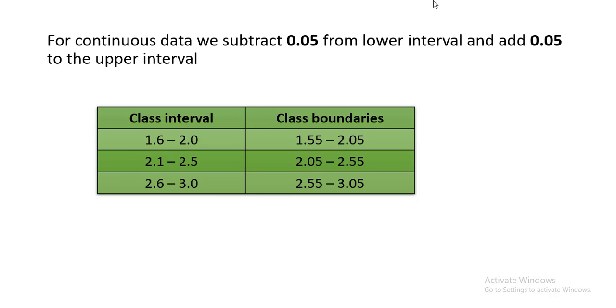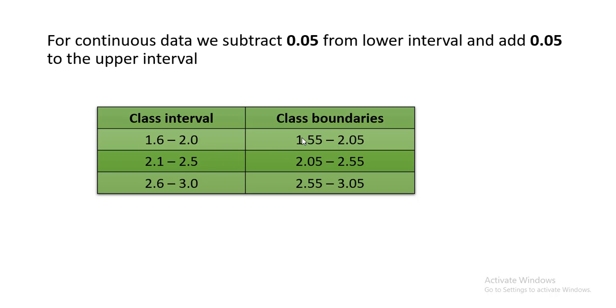This was the previous example I have used. We have already organized this data. Now in this example, as you can see, I have subtracted 0.05 from the lower interval of the first class, so the result is 1.55, and I have added 0.05 to the upper interval, so the result I got is 2.05.